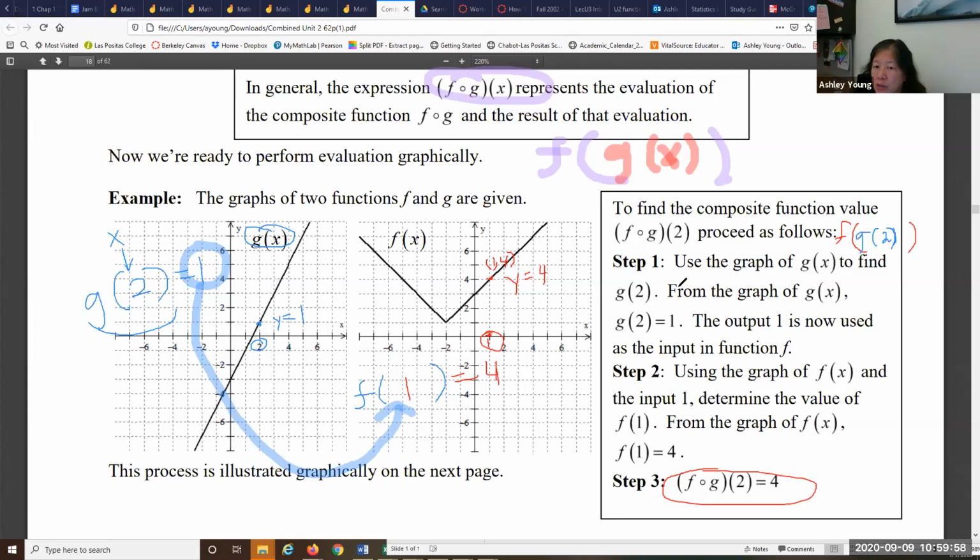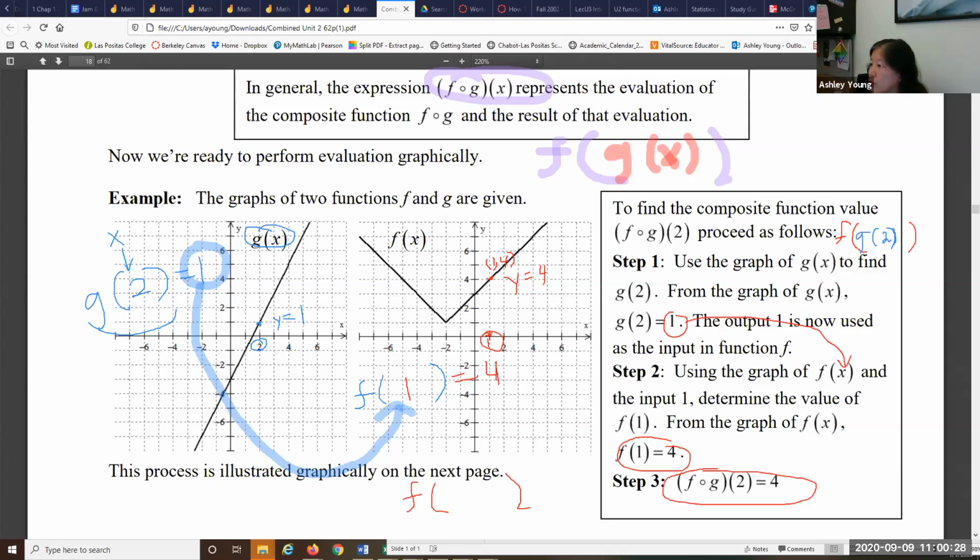We used the graph of g to find g of 2, which is 1. And then we used that 1, we threw that into f to find f of 1, and we end up getting f of 1 is 4. So f of g of 2 equals 4.